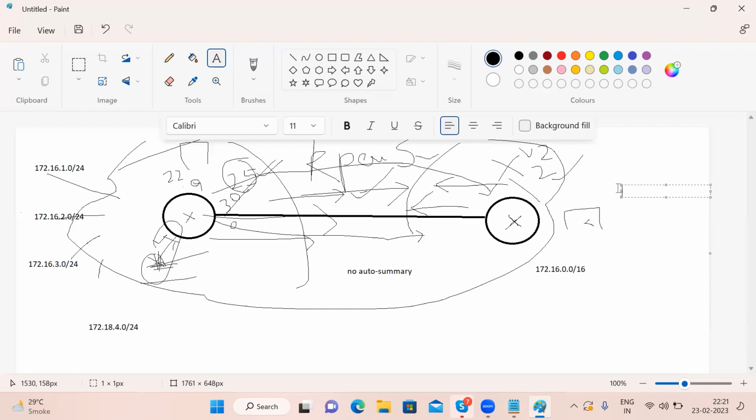If you are running version 1, it will carry the actual subnet mask that is in your routing table. It is not dependent on what subnet mask you are advertising. From where will it collect the subnet mask information?